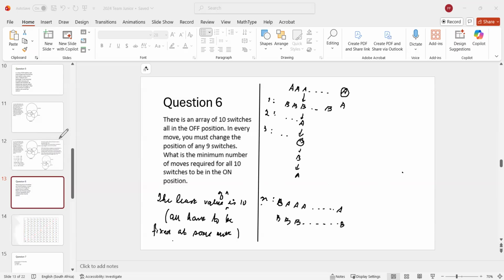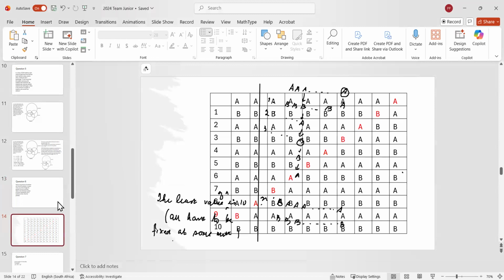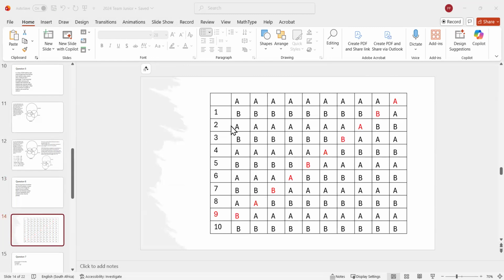Okay, so that takes care of this, and I'll show you how it's done in case you are a little bit doubtful as to the authenticity of what I'm saying. Here you can see exactly. Starting from all A's, you'll end up with B's, and you can see I am changing them one by one. The red means that I don't move that, and I move all the others.